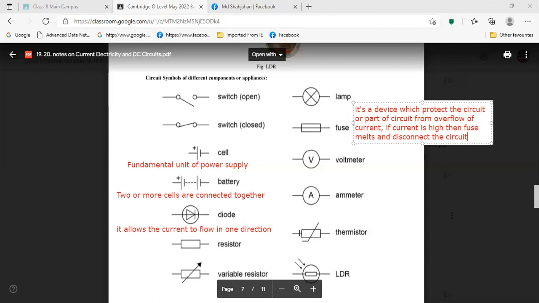Similarly, thermistor is related to heat or thermal energy. If the temperature is more or heat is more, then resistance decreases. Resistance decreases, right?